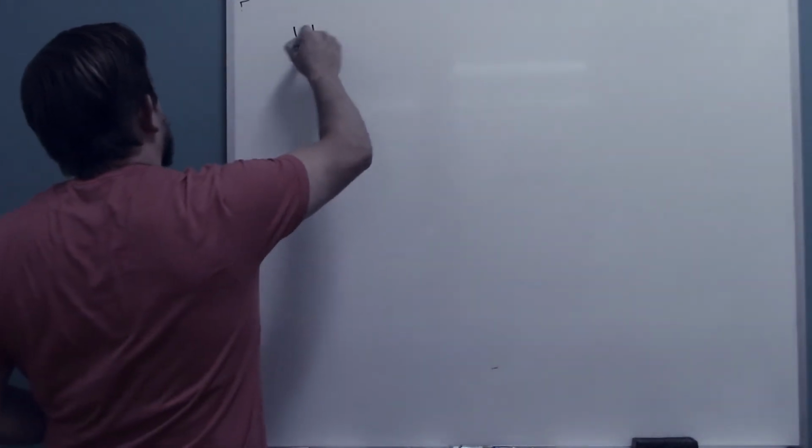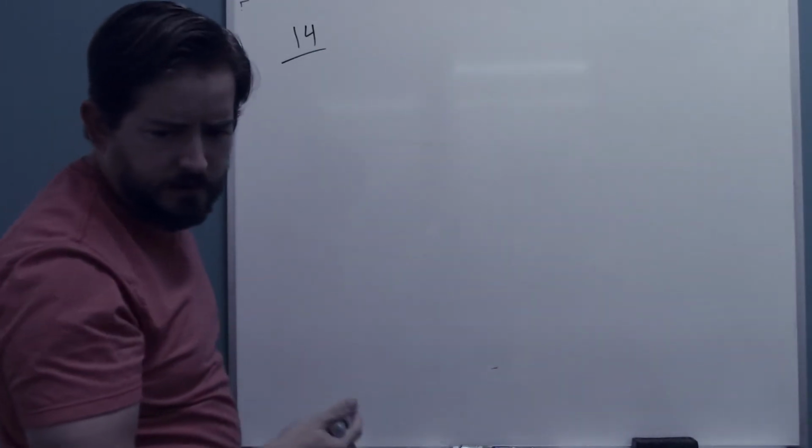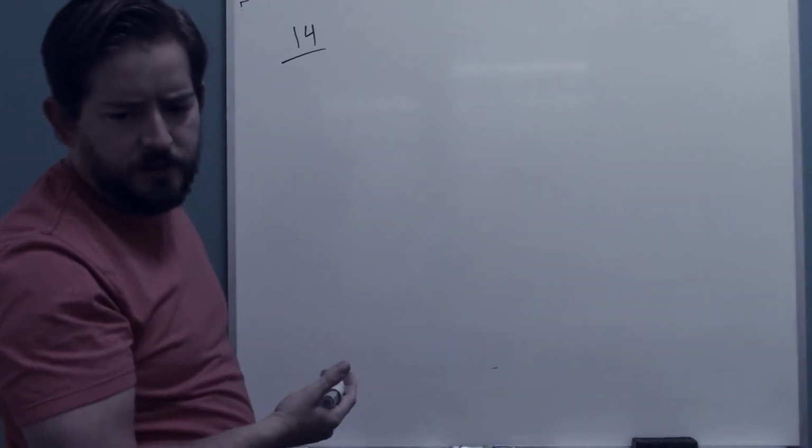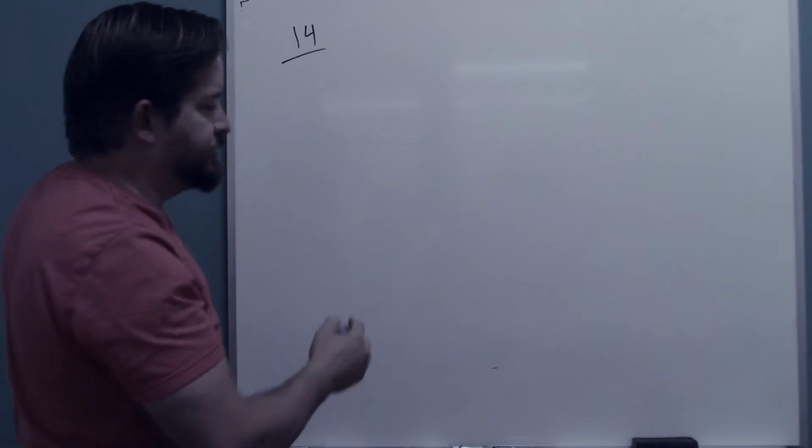The next one we're looking at is 14. So 14 says, perform the multiplication and/or division and then completely simplify.